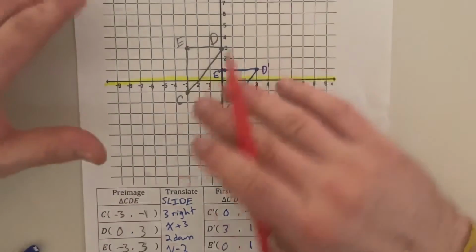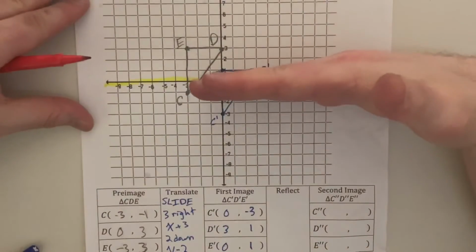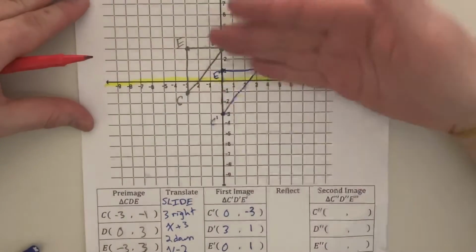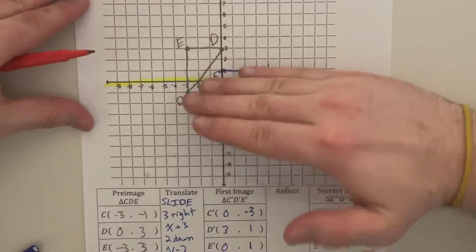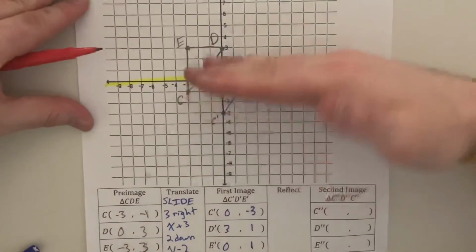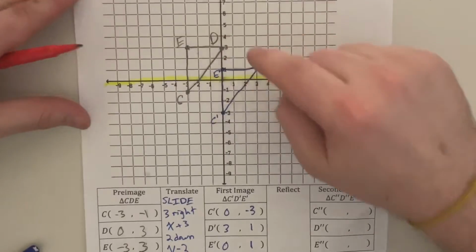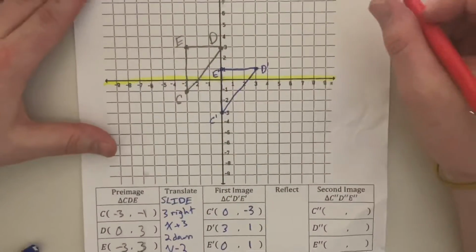So I'm doing this. Again, I can put my hand on that axis and I'm saying, okay, I'm going to be reflecting over, so I am flipping those points. And so if I think of my thumb as that point C, I should have that my point C is now facing up.